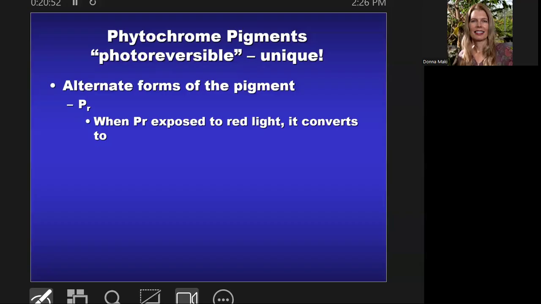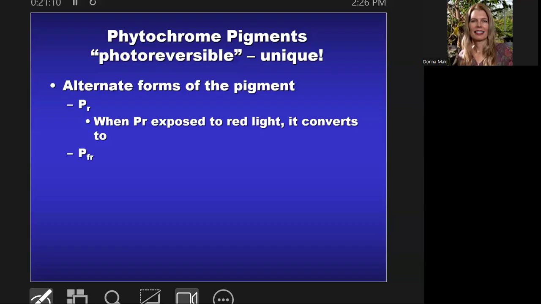P sub R just means it's the physical version of the pigment that absorbs red light really well. And as it's doing that, it changes its shape. When it changes its shape, it converts into what they call the P sub FR form.